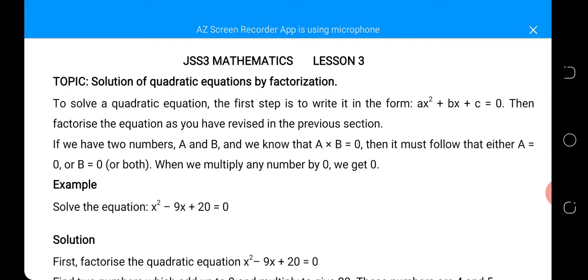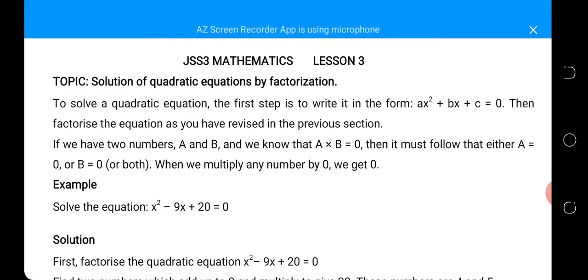In our previous class, we defined a quadratic expression as an expression where the highest power of the variable is of degree 2.